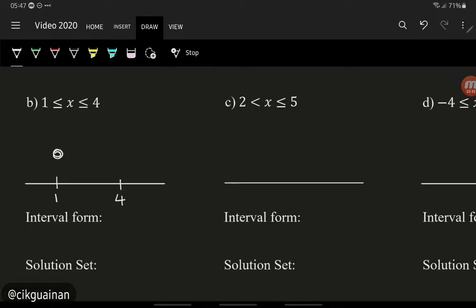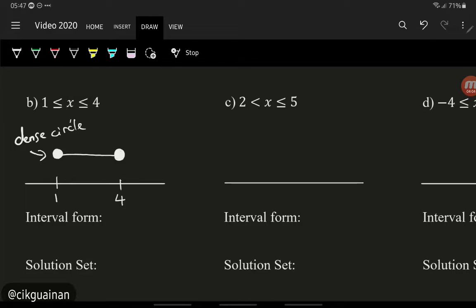A dense circle is the opposite of an empty circle. Now that is for 1. For 4 also, x less than or equal to 4. So we are using the same kind of circle, which is a dense circle. Now when we finish, we connect them both.